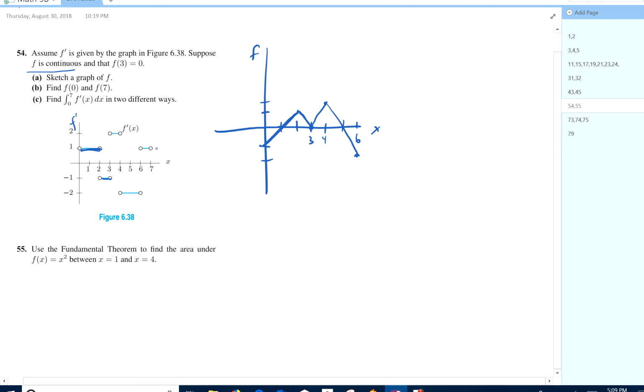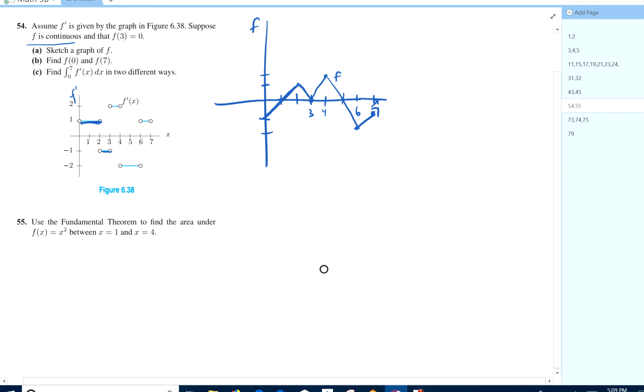And then from 6 to 7, the slope's 1. So if I keep carrying this out to 7, it's going to go up 1 over 1. Okay, does that make sense? So we're just matching these slopes with the slope of the original function f. If this was curved, I wouldn't be able to be this precise about it. We'd just be estimating like we've done in the past.